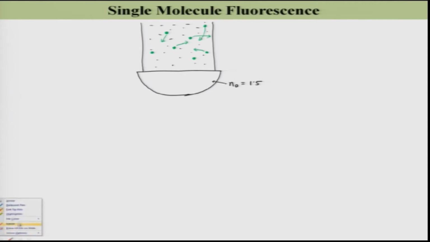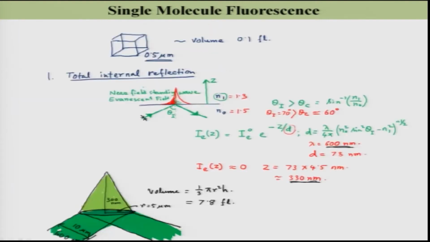But now, if you use an excitation light, let us say this is your excitation light, and you are creating it like this. The diameter of this incoming beam is not very high, because you want to achieve a smaller volume. If this diameter is high, then the volume will be high. So, you do not want that.